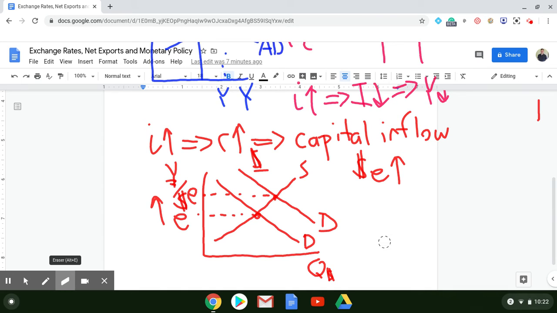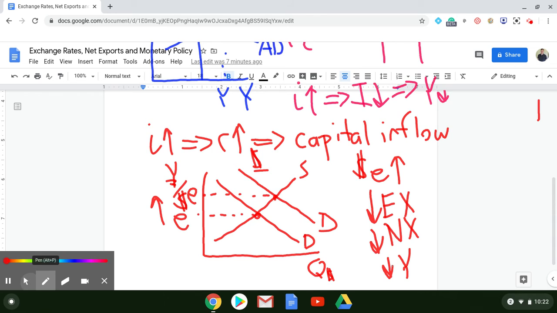So as the currency appreciates, goods and services in the United States are more expensive relative to the rest of the world, so people will buy less of US goods, meaning exports decrease, net exports decrease, and output decreases. But again, that helps the Fed do their job because they wanted output to decrease to control some inflation.